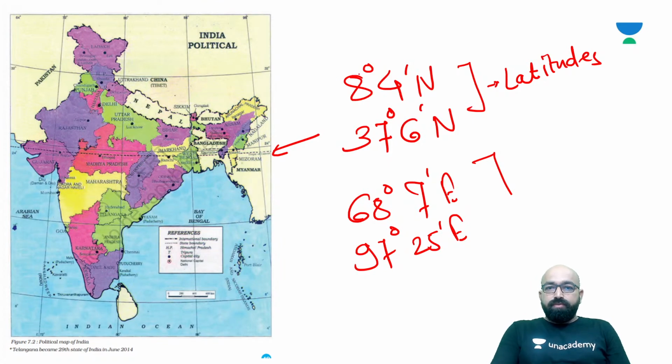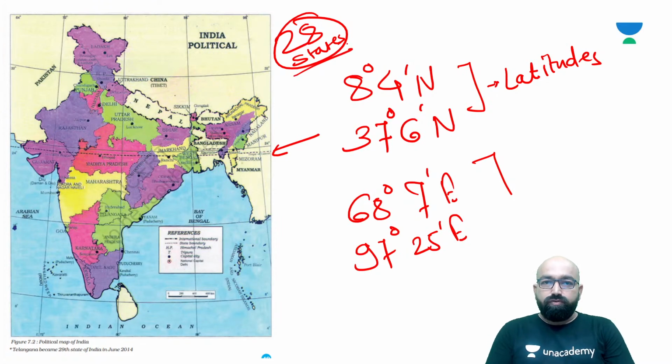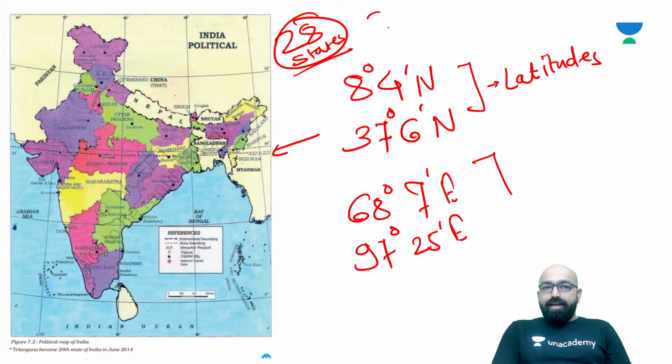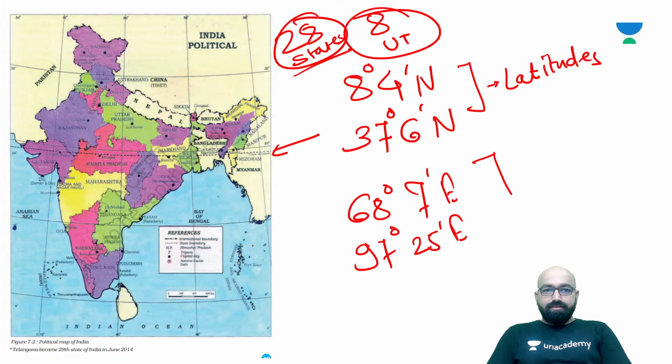Now friends, there are 28 states, because after the reorganization into the new union territories of Jammu and Kashmir and Ladakh, 28 states and 8 union territories comprise the country.